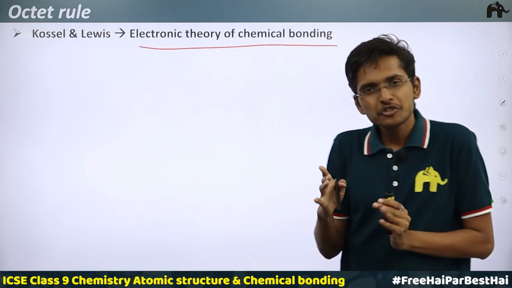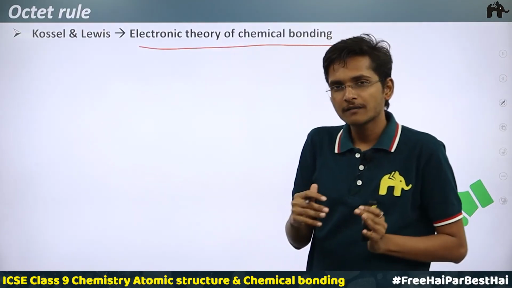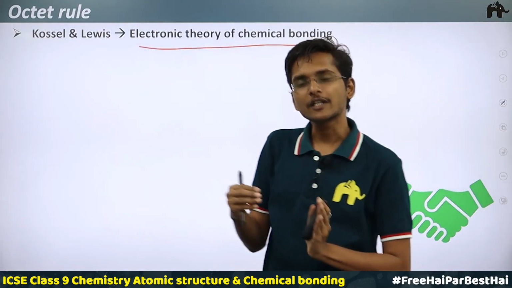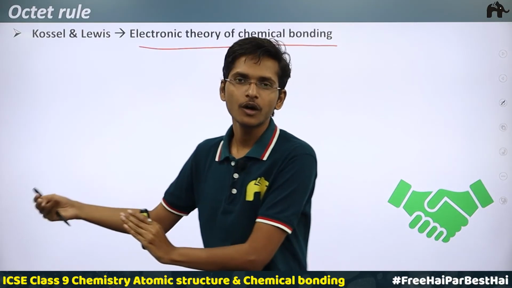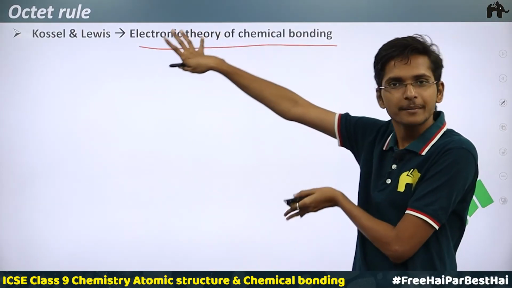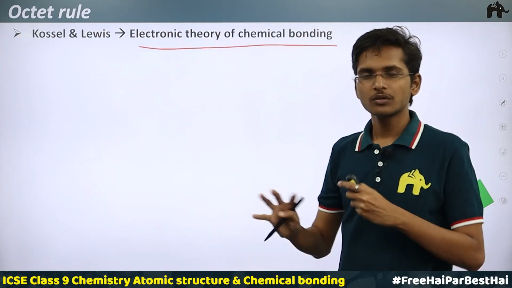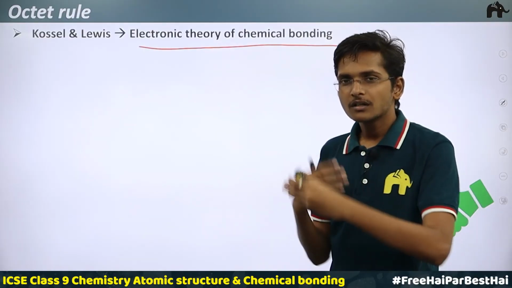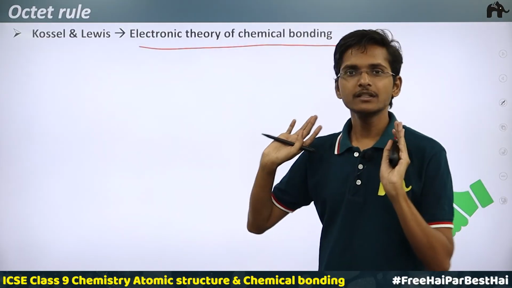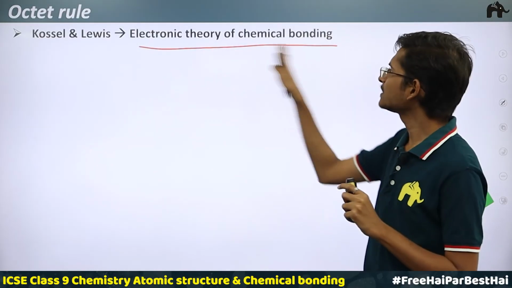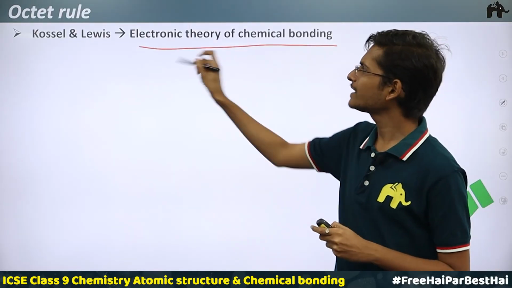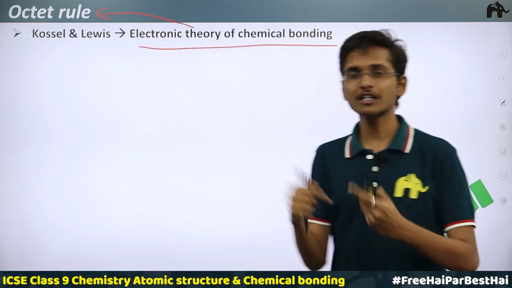Now slowly and gradually we are going to transit from atomic structure to chemical bonding. So this is the point of transition in the chapter, which is the Octet Rule. So now our atoms need stability, and Kossel and Lewis gave this theory of chemical bonding, which is also called simply the Octet Rule. Now what is this Octet Rule?